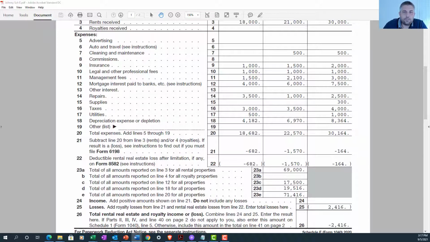It's far more common to be limited by the passive activity loss rules than the at-risk limitations. Generally, real estate by default is a passive activity, which means losses are not allowed unless you have passive income to offset those losses. The losses can't be used to offset non-passive income such as W-2 wages or active business income unless you meet one of the exceptions.